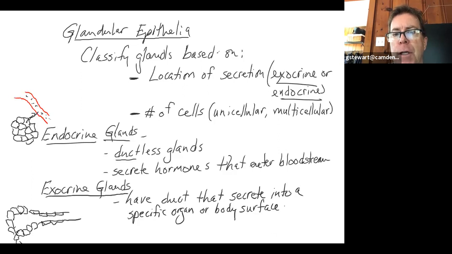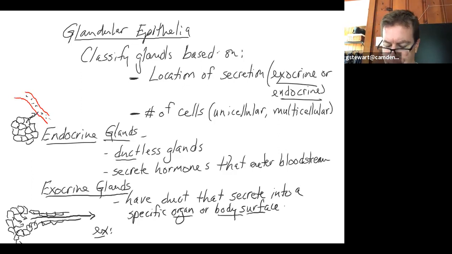And the secretions, usually a fluid, not a chemical messenger, but a fluid that comes from these cells, enters this tube and goes directly to some sort of an organ or body surface. Examples of exocrine glands would be things like sweat glands. So I'm going to write sweat. Mucus glands.